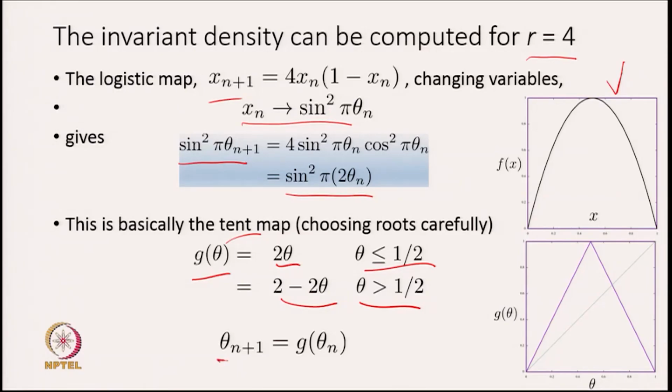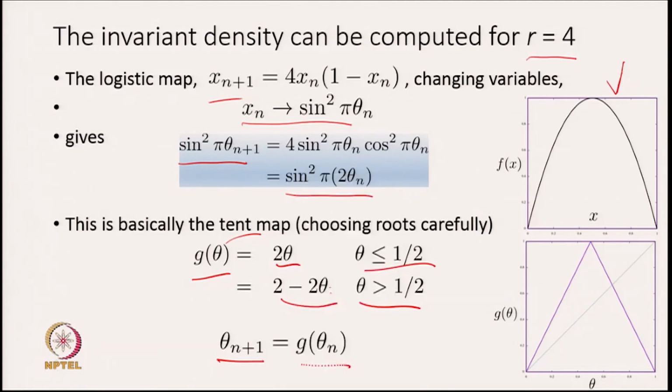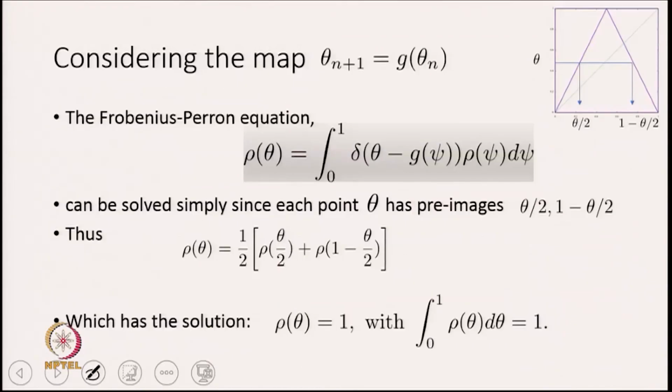So the tent map is theta n plus 1 is g of theta n, where g of theta is that function over there. And when you look at this map, the corresponding Frobenius-Perron equation is actually quite simple to solve. And we note that this is the form that the Frobenius-Perron equation takes.